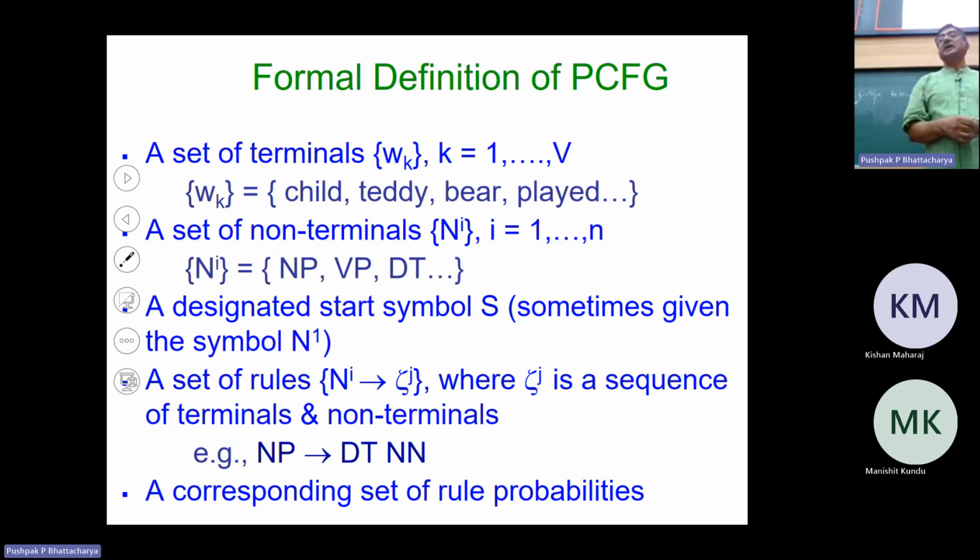A set of rules, N_i going to zeta_j, where zeta_j is a sequence of terminals and non-terminals. For example, NP going to DT and N. So far it is a context-free grammar. A corresponding set of rule probabilities. So all the rules will have a probability value associated with them.